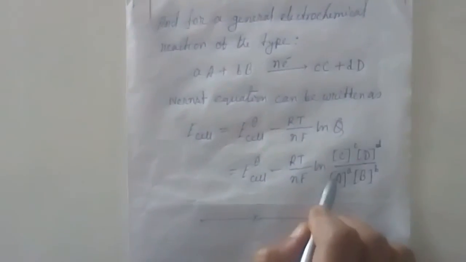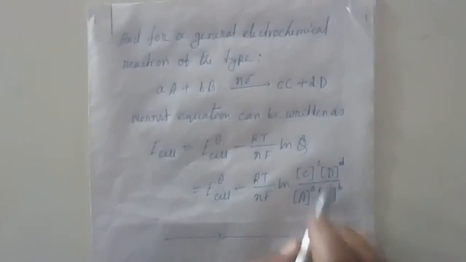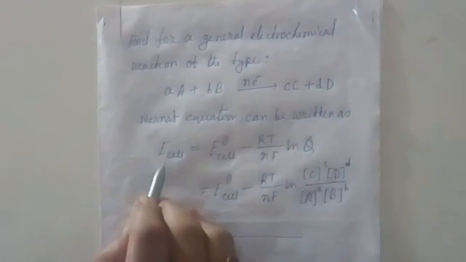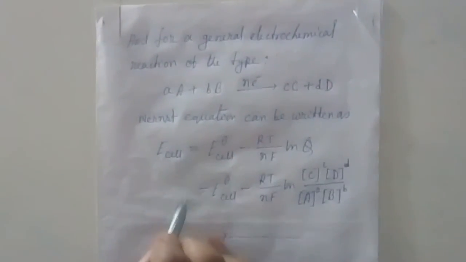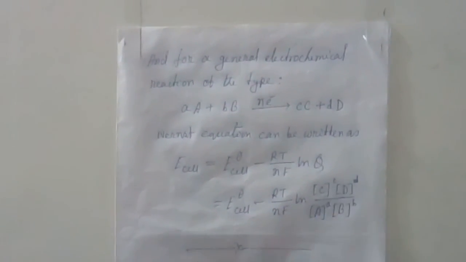That means Q will be equal to concentration of C to the power c into concentration of D to the power d, divided by concentration of A to the power a into concentration of B to the power b. So that will be the value of Q. That means the Nernst equation we can write like that: E standard cell minus RT by nF ln of this.